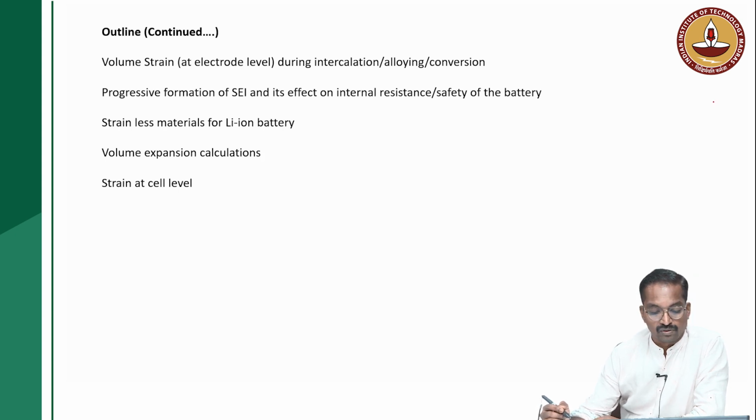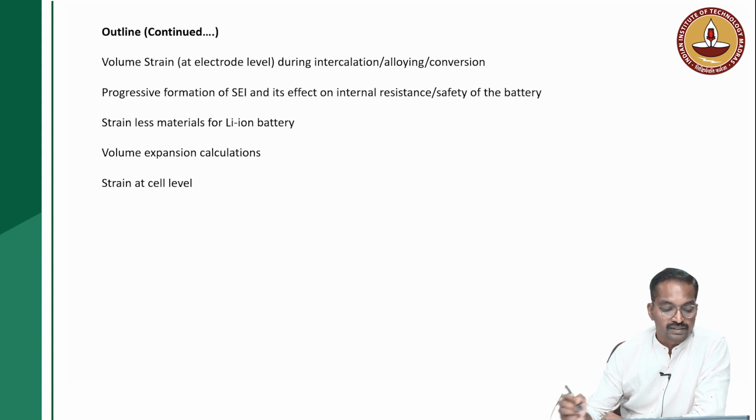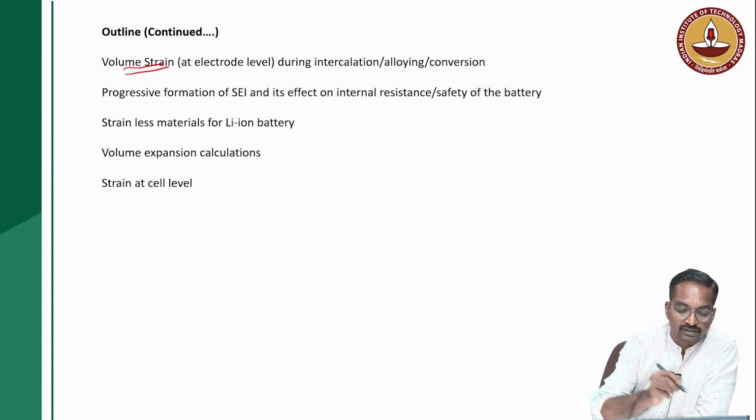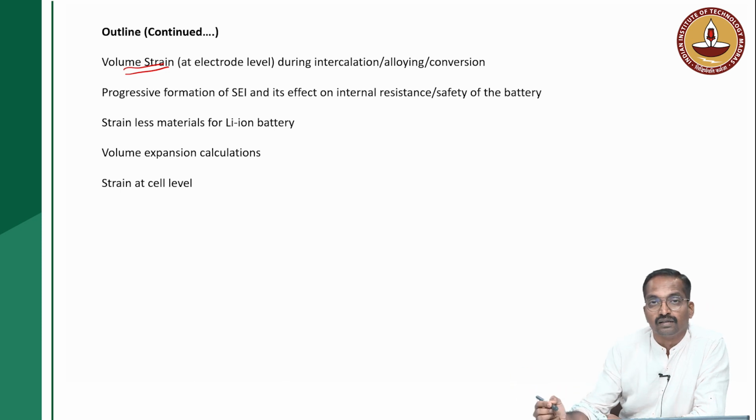That will lead to something called exfoliation in some kinds of materials, or disintegration, called pulverization of the electrode materials. So, this volume strain is a culprit that causes all this pulverization or exfoliation, which is not good for the battery, because it degrades the capacity of the battery and leads to thermal runaway issues in the battery.